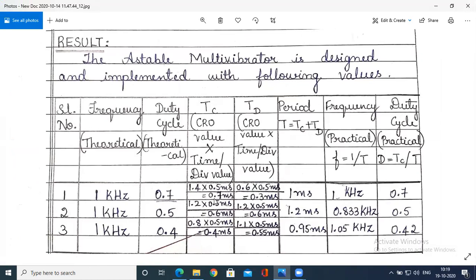You get nearby 0.7, 0.3, so you add 1 millisecond here. This is the table. Since T is 1 millisecond, F equals 1 by T, 1 by 1 millisecond, equals 1 kilohertz. Then calculate the duty cycle D equals TC by T. Practically we are doing this, matching this value with the theoretical value, 0.7 with 0.7. Similarly, you have to add one more column for the simulation, to see whether you get the same values.